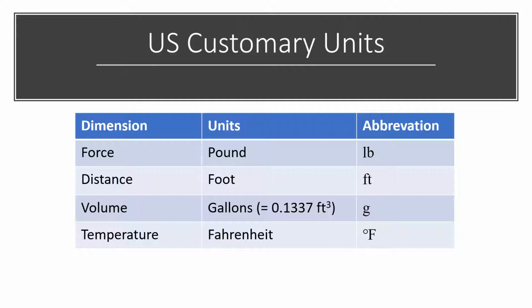Abbreviation G, sometimes you'll see GAL. Temperature, Fahrenheit, degrees F. And as you likely know, the freezing point of water is 32 degrees and the boiling point of water is 212 degrees Fahrenheit.